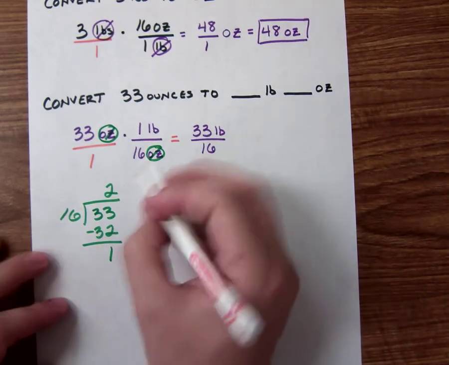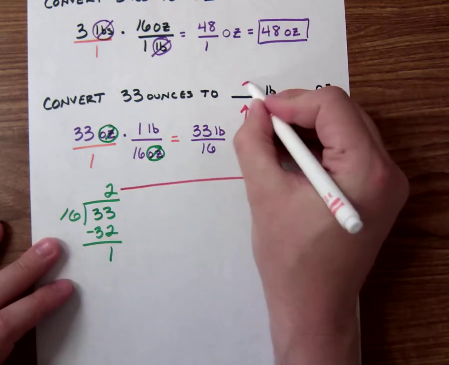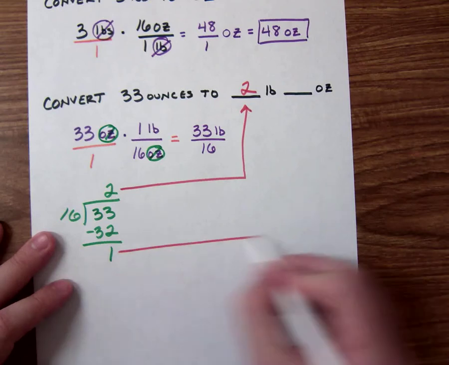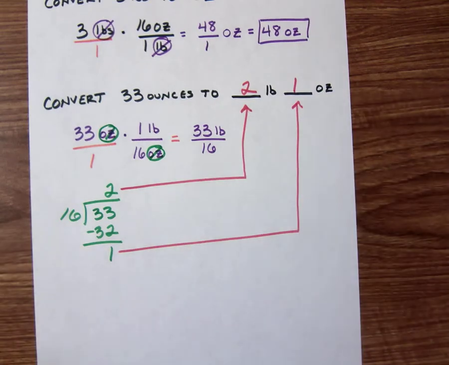Okay? 2 is the pounds. And 1 is the ounces. 2 pounds, 1 ounce. That's teeny tiny. That seem all right? Hopefully you can brush up on your long division.